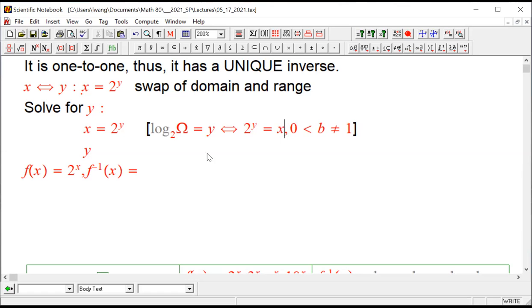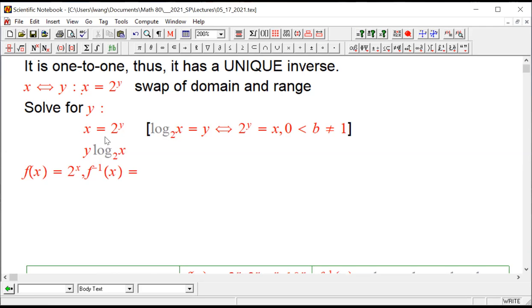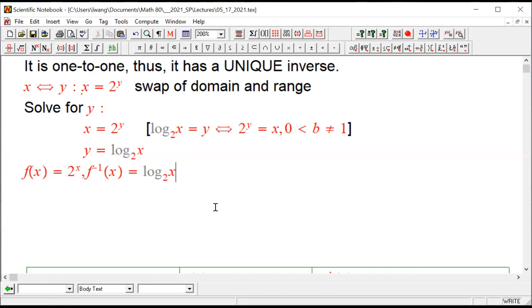Omega is x. Therefore, y is equal to log base 2 of x. So that's how y is solved. So the inverse of 2 to the power x is going to be log base 2 of x.